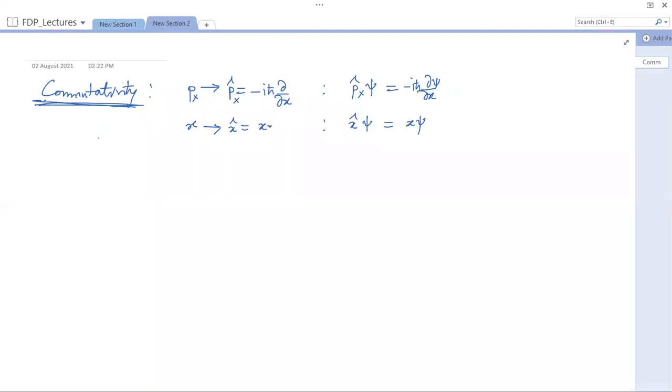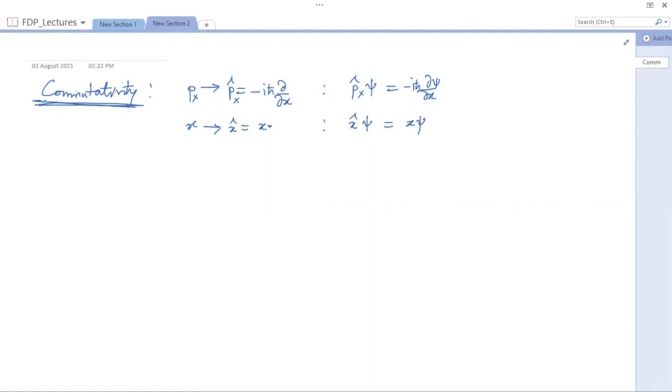Now we want to know whether they commute or not. What do we mean by commute? Commute means if we apply the operators one after another, and in reverse order, the results should be equal. So commute means they should be equal.